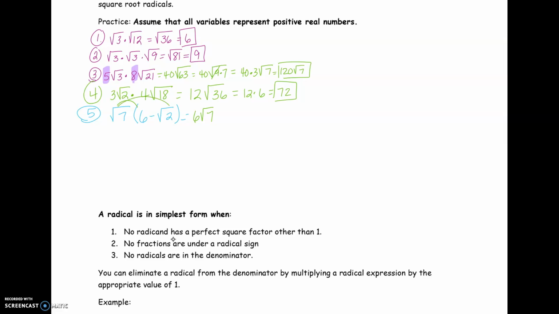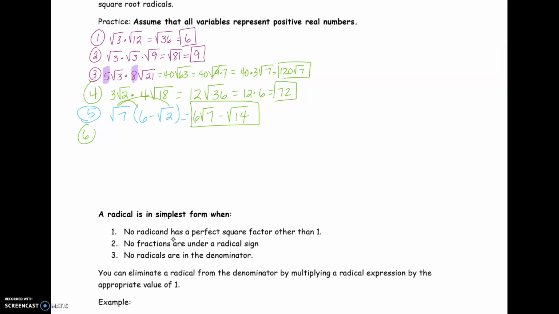And then the square root of 7 times the negative square root of 2 becomes the negative square root of 14. Okay, we can't combine these. We'll be doing adding and subtracting later in this unit, so you'll learn when you can combine radicals that you add and subtract. Neither 7 nor 14 have any perfect square factors, so we're done.